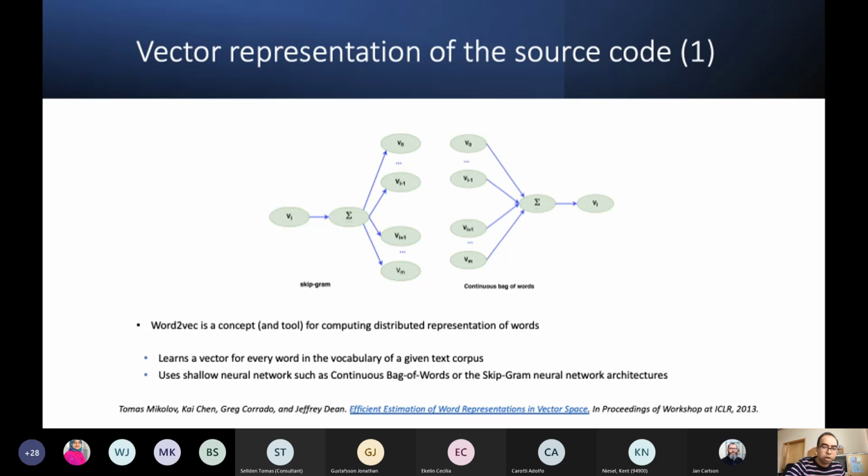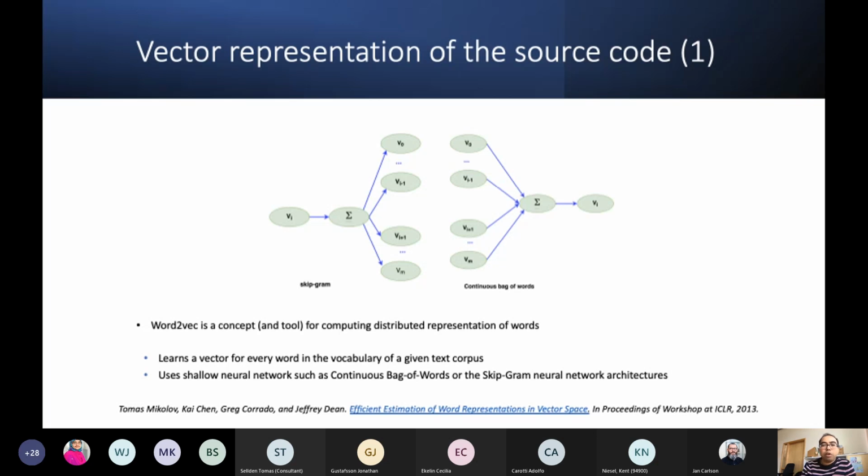This is called distributed representation because the meaning of the word is distributed over several vectors. That's why it's called distributed vector representation.